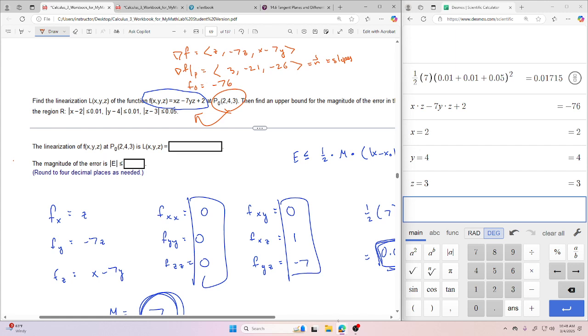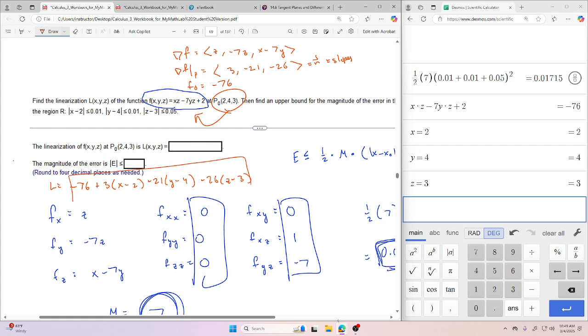And so then I guess my linearization, I'm just going to try to write it out right here. I've got 3. No. I always start with the constant, don't I? Yeah, negative 76... 3, and then x minus 2, and then it's a negative 21, y minus 4, and then I got a negative 26, z minus 3.